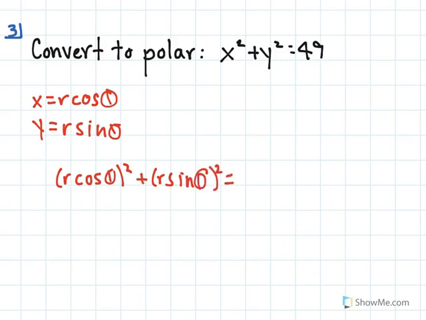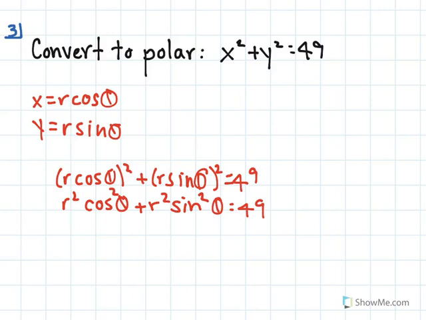squared equals 49. We can simplify this to r squared cosine squared theta plus r squared sine squared theta equals 49. Then we factor out an r squared, so we have r squared times (cosine squared theta plus sine squared theta) equals 49.